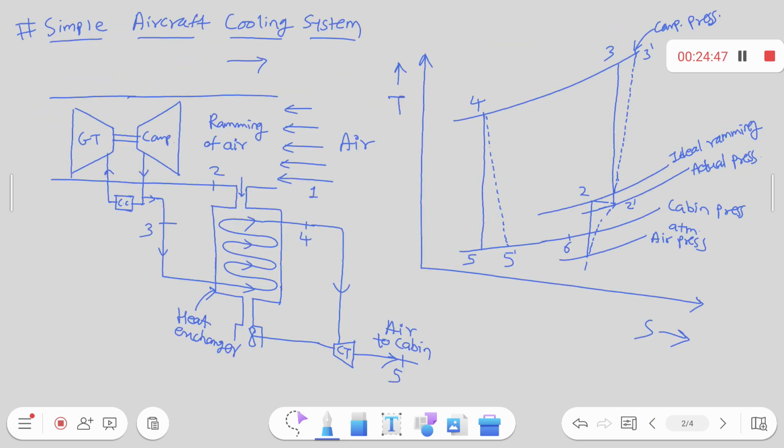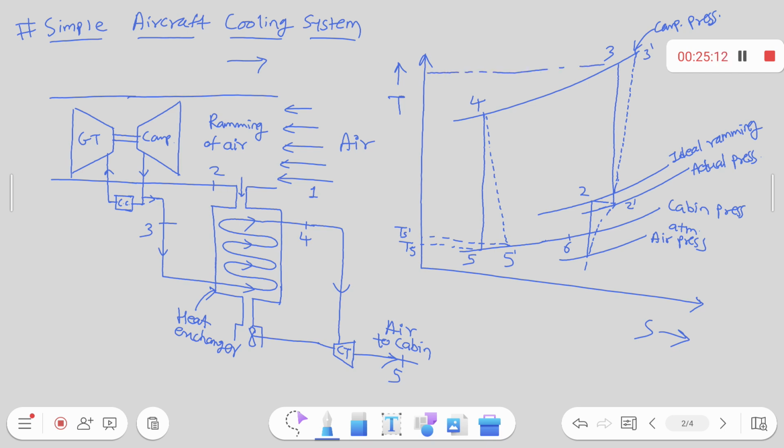Okay, here this 4 to 5 is what? Isentropic expansion, and 4 to 5 dash is actual expansion, right? Here point 5, T5 is here and T5 dash is slightly higher.